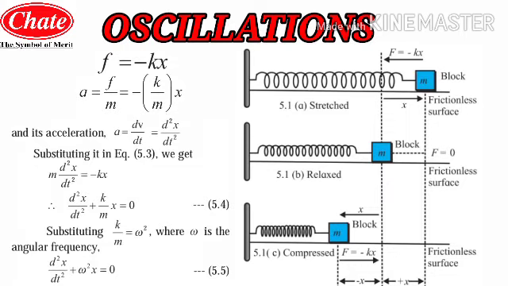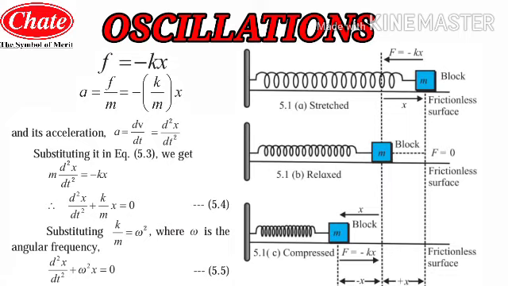Now students, we will see the differential equation for the SHM, the differential equation for simple harmonic motion. As we have derived, F = -kx is the restoring force in the spring, and as we know from Newton's second law of motion, F = ma.